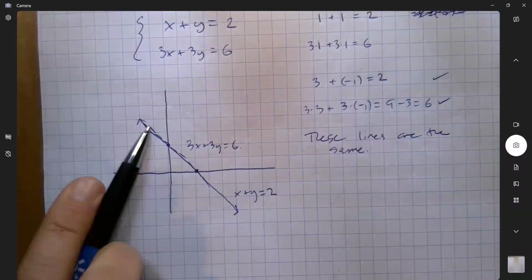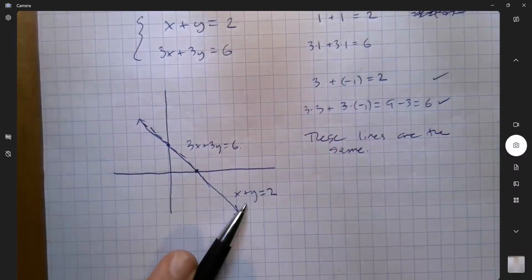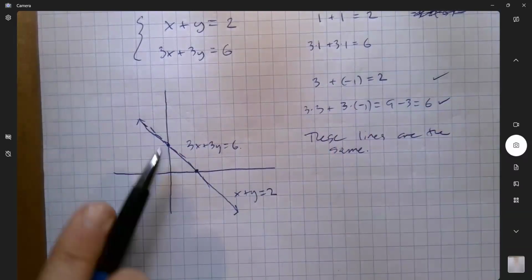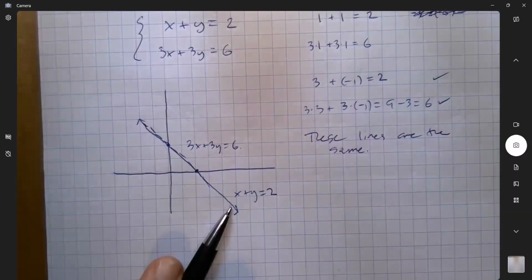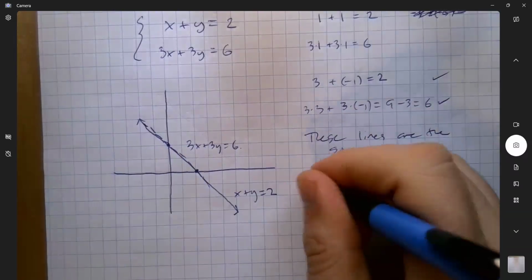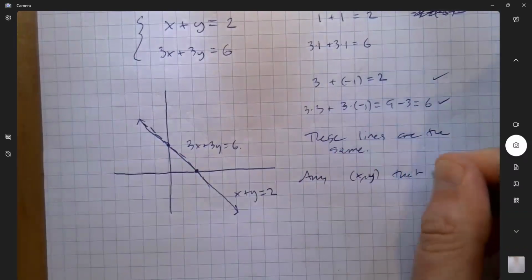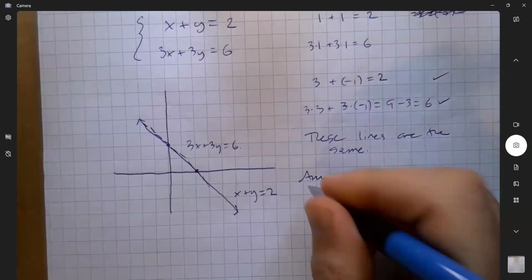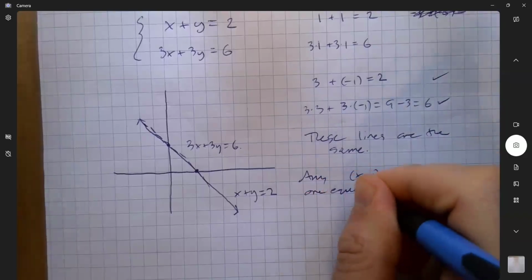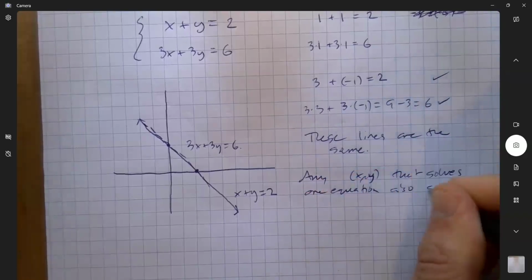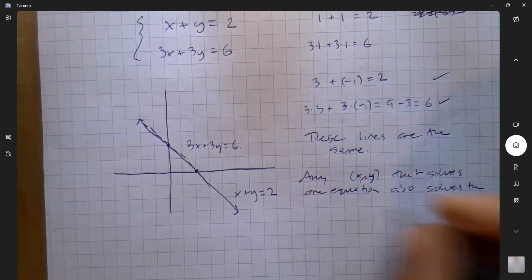And what that means is any xy pair that solves the first equation is also an xy pair that solves the second equation. Any xy that solves one equation also solves the other.